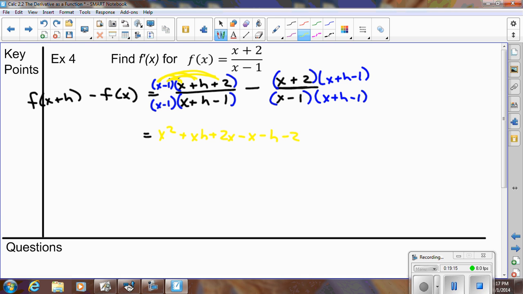And now we need to subtract on the right. So x times x, x times h, x times negative 1, 2 times x, 2 times h, 2 times negative 1. And so we wind up with all of that over x minus 1 times x plus h minus 1.